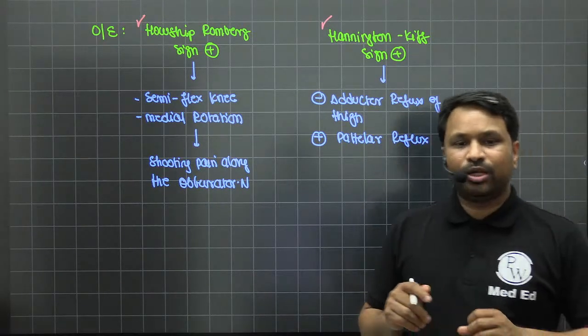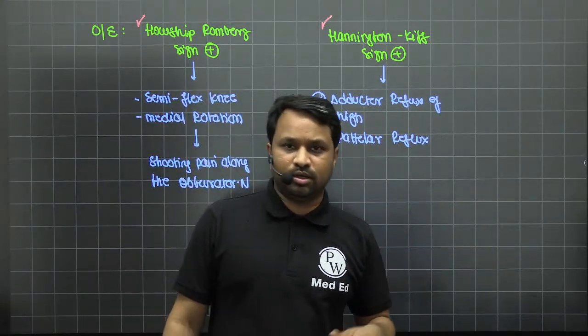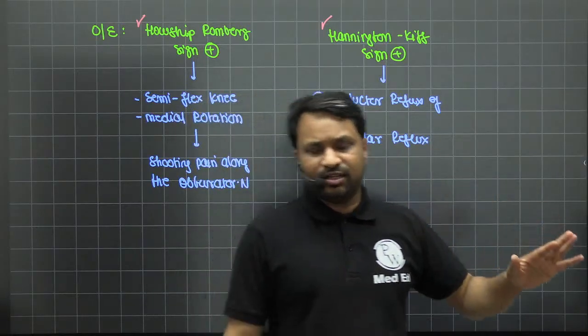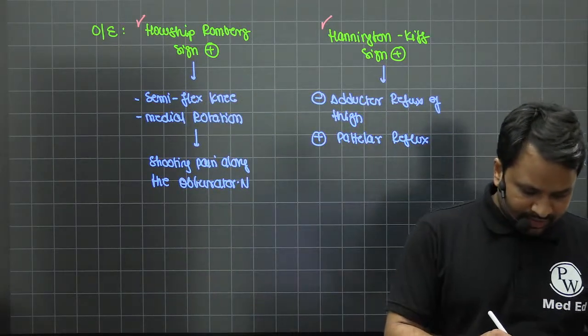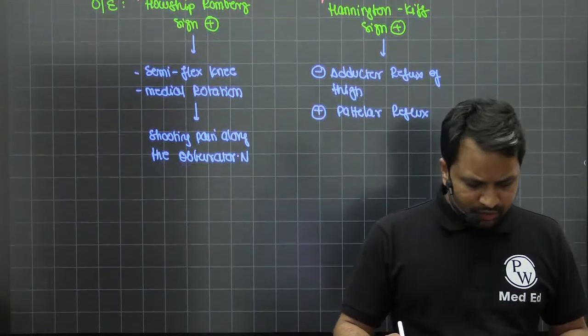So you will see, when you actually tap on the medial epicondyle of, let's say, the knee joint, it could be the femur or it could be the tibia. Either way, you will be able to elicit the Hannington-Kiff sign, right? Now, it usually occurs when the obturator nerve is getting compressed.